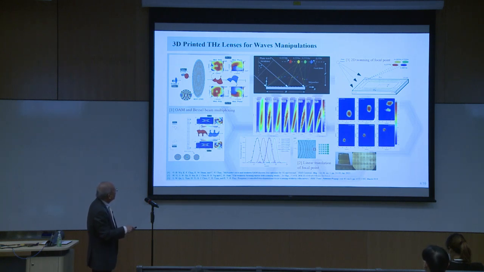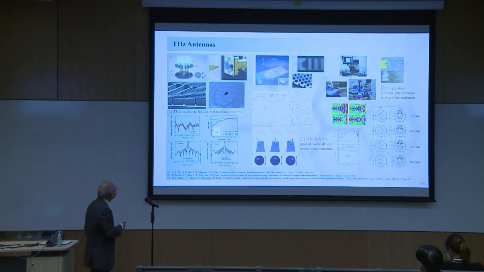However, you can also see that when we scan along this direction, the shape of the focal point is distorted, and we have to do more optimization to minimize such a distortion. The reason why we want to do this kind of reflector is that we want to get rid of the mechanical scanning so that we can do the beam scanning much faster electronically.